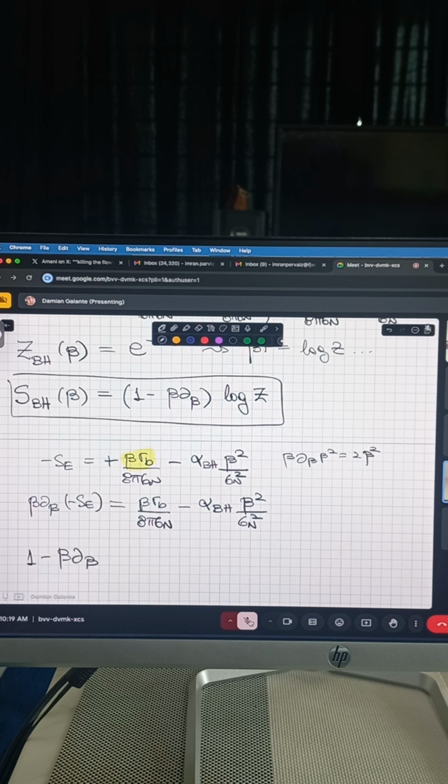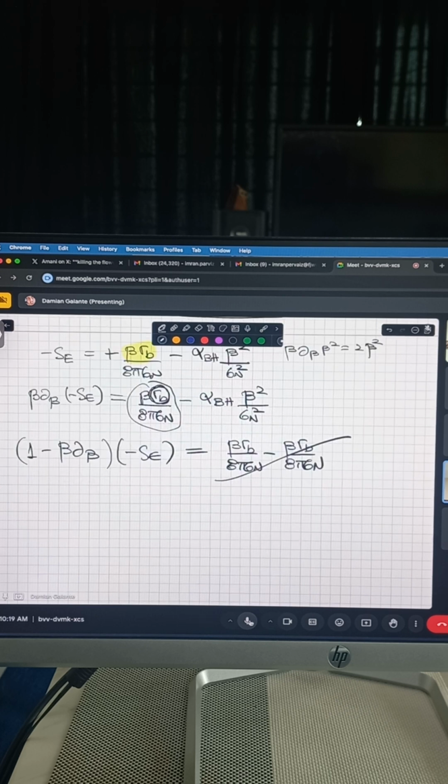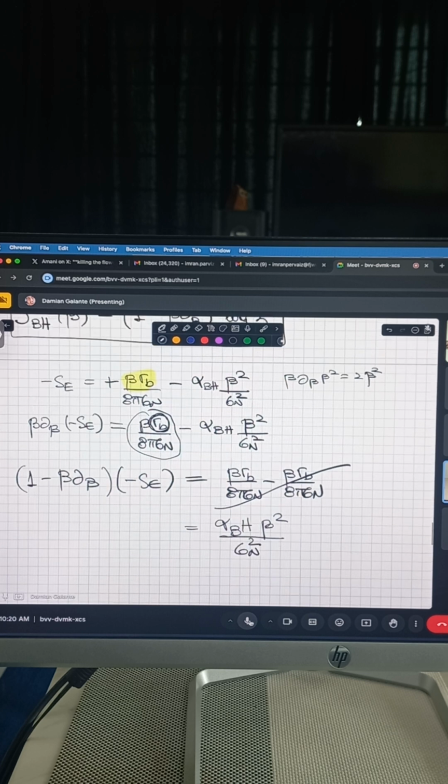Sorry, Imran, I'm finishing very soon. It's almost there. Yes, you can feel it, right? 1 minus beta d beta, we get beta r_b over 8 pi G Newton minus beta r_b over 8 pi G Newton. The first contribution from here cancels, so all the dependence on the boundary goes away. I don't care for the entropy where is the position of this boundary. And then I get 1 minus beta d beta, I get alpha black hole beta squared over G Newton squared.